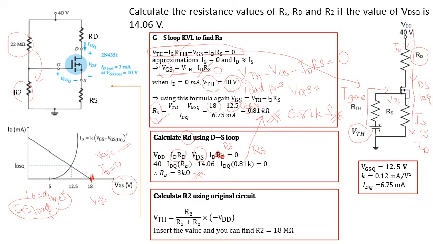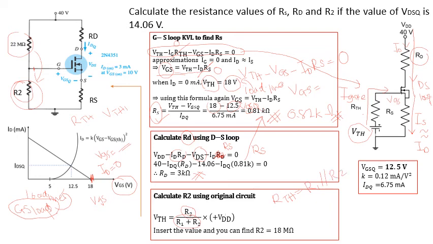Next, calculate the value of R2 using the original circuit. In order to find the value of R2, we must relate to the RTH or VTH, because we need to relate with R1 as well. We don't know the value of the RTH, which is why we didn't use the formula of R1 parallel with R2.